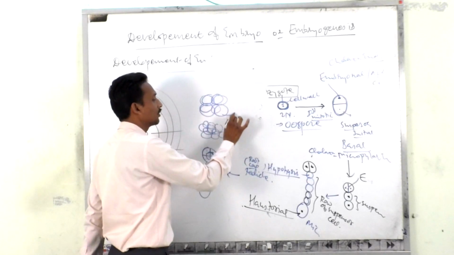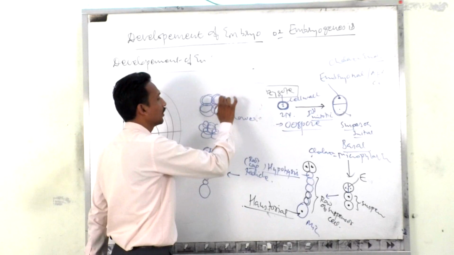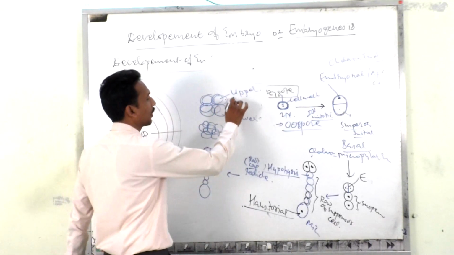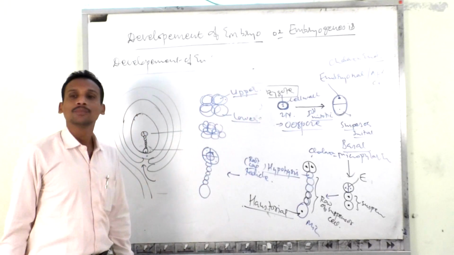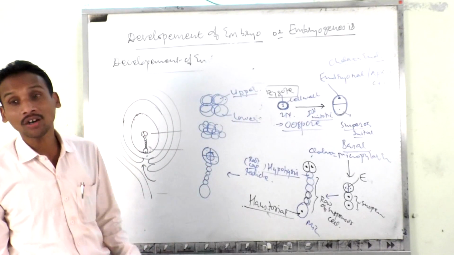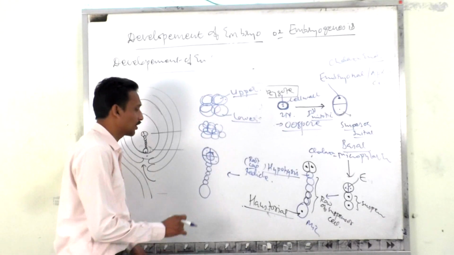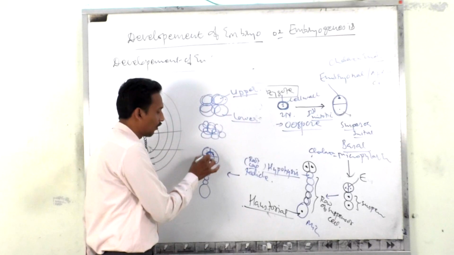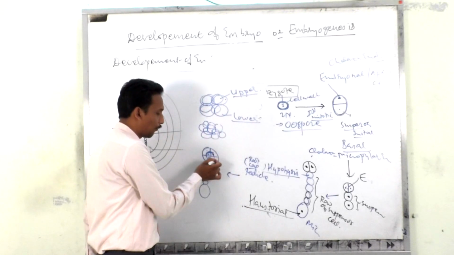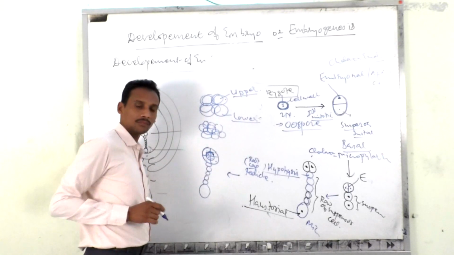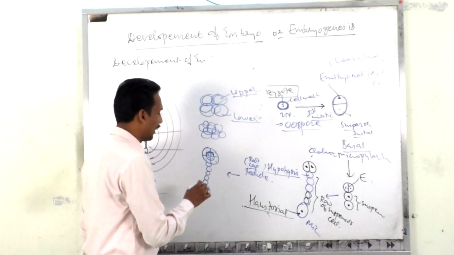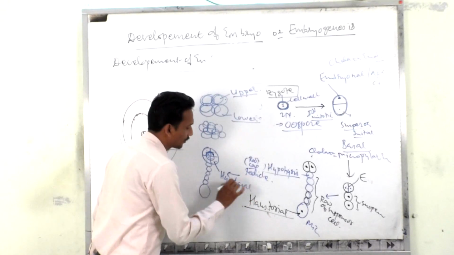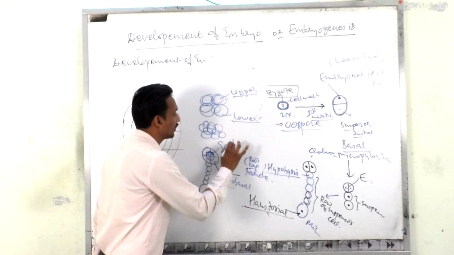In this way, this one is nothing but the lower row, and this one is nothing but the upper row of that particular 4 cells, or that is called as the upper tier and lower tier of 4 cells present there. Octant, you can say that there should be a formation of octant cells of the embryonal cell. Out of that, 4 cells are present at the top and 4 cells are present at the base. That is called as hypobasal cells, and this one is called as epibasal cell.